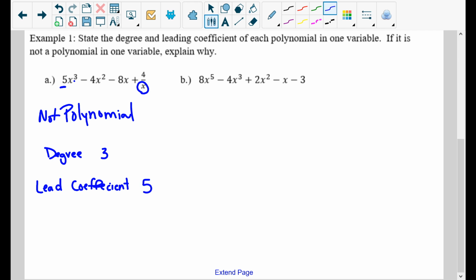In example B, 8x to the fifth minus 4x to the third plus 3x squared minus x minus 3. This is a polynomial. The degree is 5, and the leading coefficient is the number in front of that x to the fifth, which is an 8. So that is degree and leading coefficient of a polynomial.